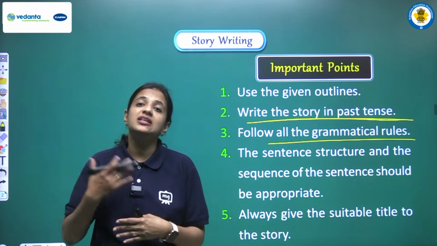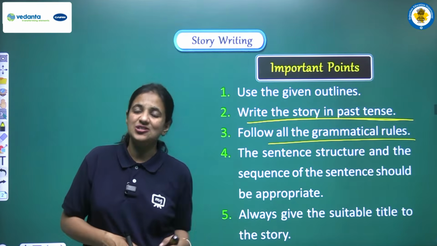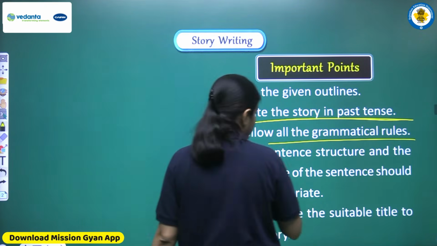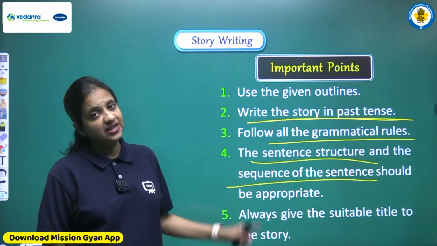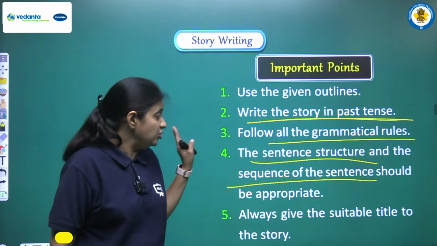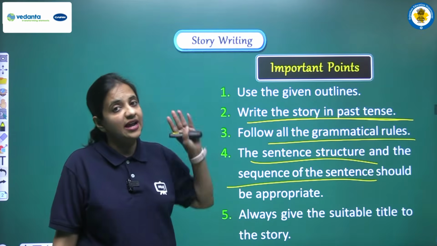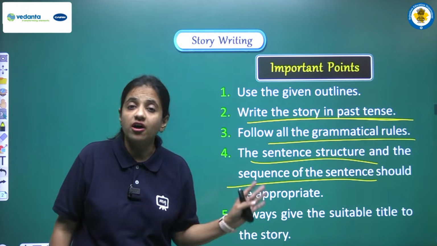We have to use all the parts of speech, but we have to consider all the rules. Next is the sentence structure and the sequence of the sentences should be appropriate. I have told you this, that should be in a perfect order.